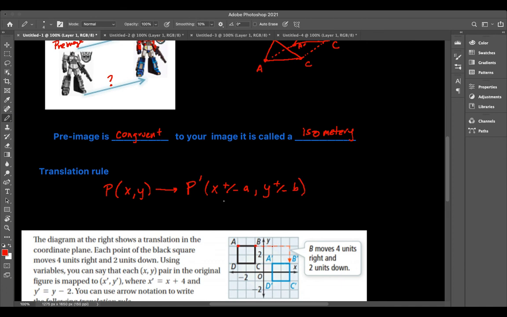That's how the translation rule would look. So whatever it tells you to shift, right or left, up or down, that's going to help you make the P prime.